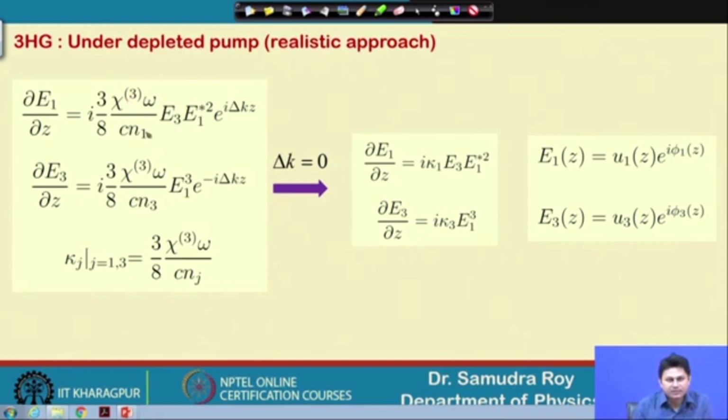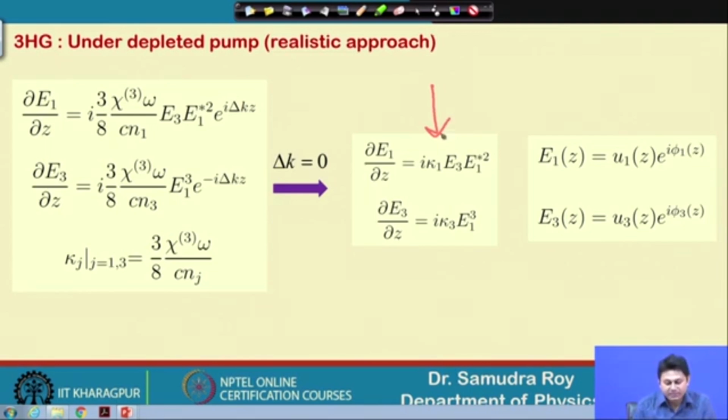This is a constant term, so we replace it with a smaller coefficient called kappa 1 and kappa 3. This is also a coupling coefficient, because it couples one field to another.